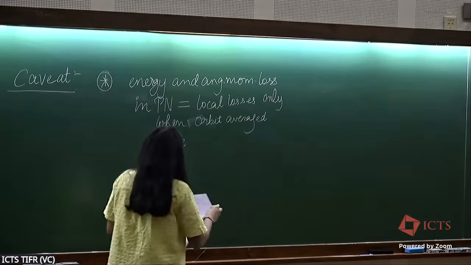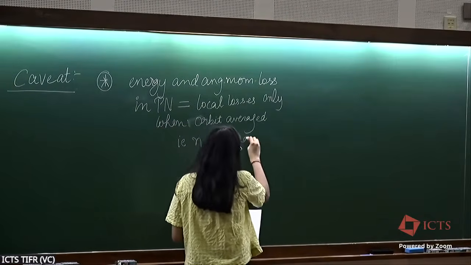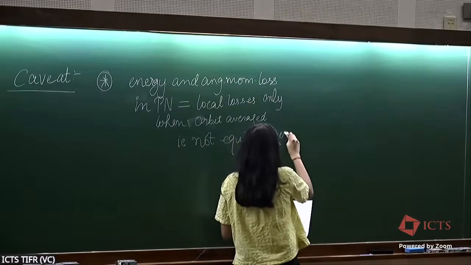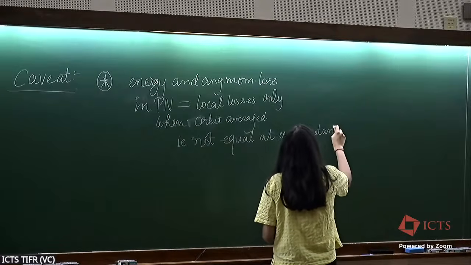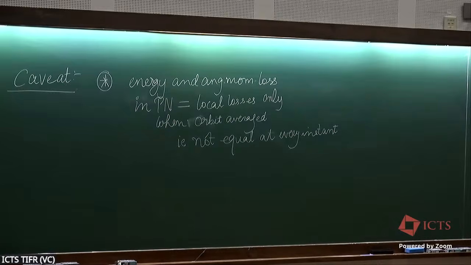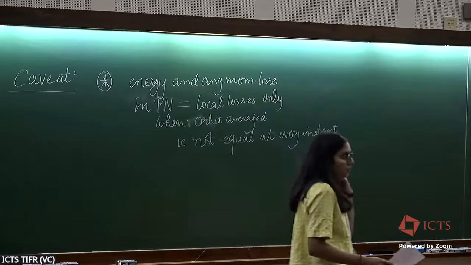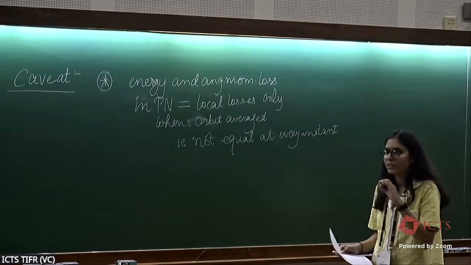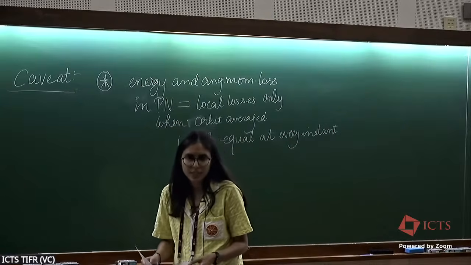That is, they are not equal at every instance. And the reason why they are not equal at every instant is because these losses are calculated in the near zone of the two orbits, and the energy and the angular momentum losses in PN are computed in the wave zone. So when the losses are traveling from the near zone to the wave zone, they might be self-interacting with the system.